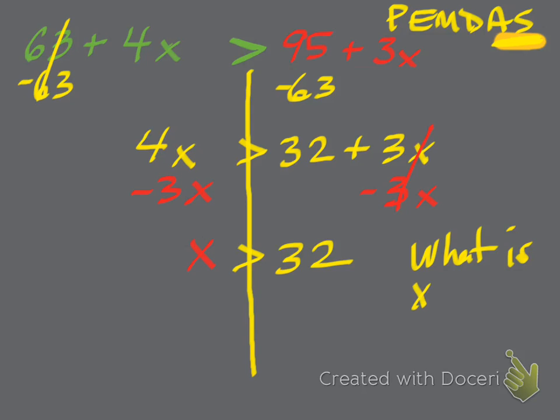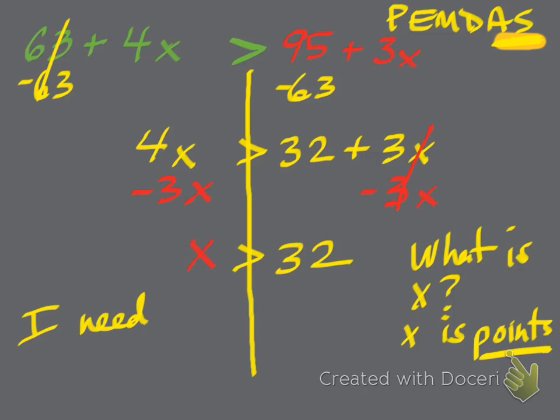What is x? In our context, remember, x is points. So I need, on average, all of the other players to score 32 points, or more than 32 points.